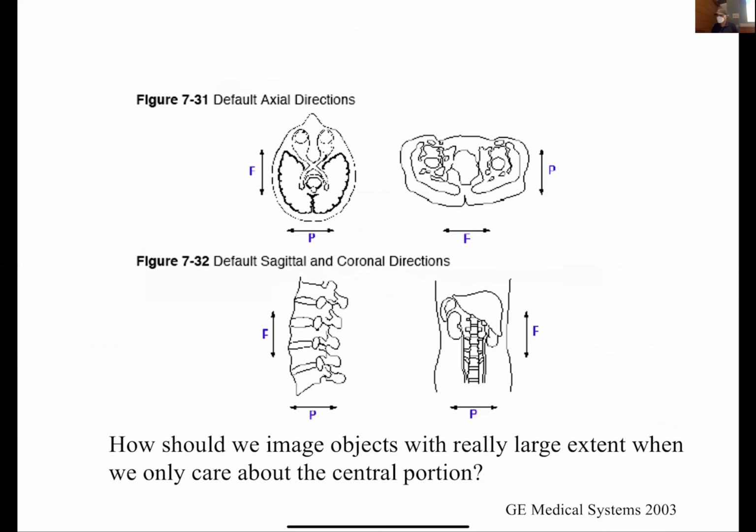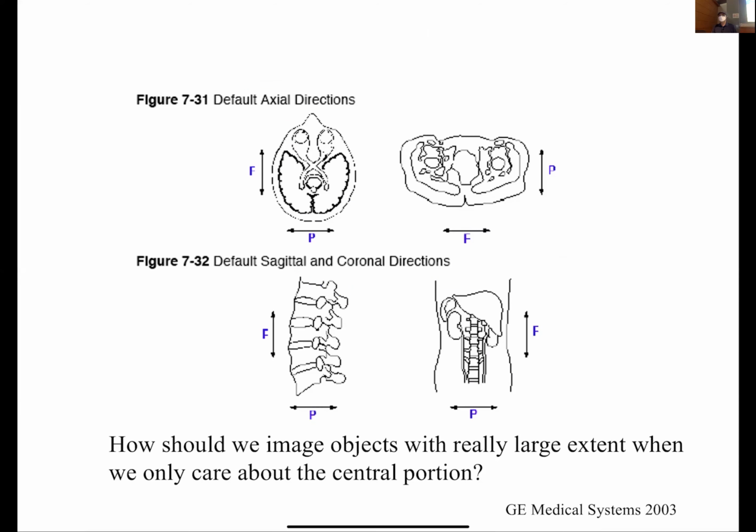And the last thing I want to talk about before we move on to RF is something that's interesting, which is that we know it takes time. Once you have the field of view, the bigger field of view you have, right, then that means delta K is smaller. So you have to acquire more samples, right? And that's going to take time.